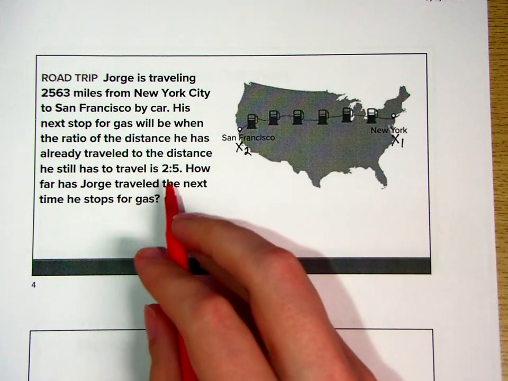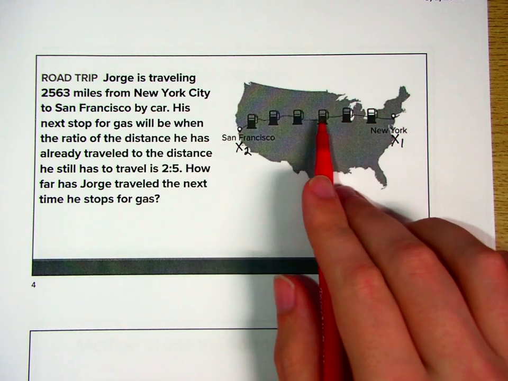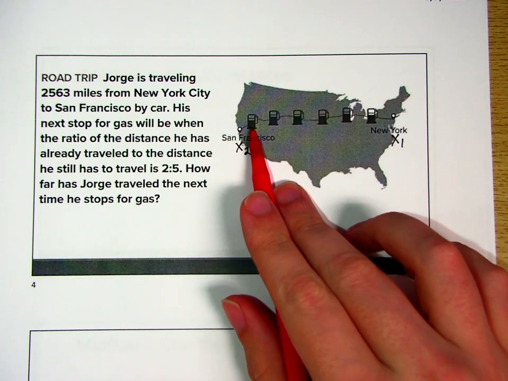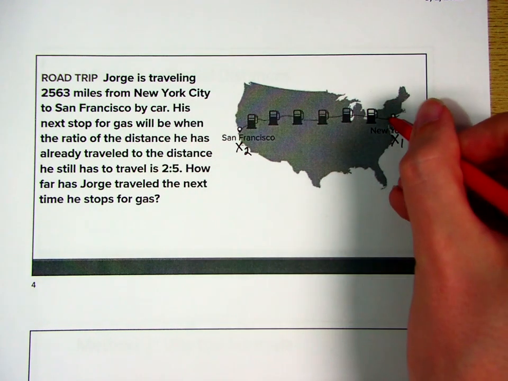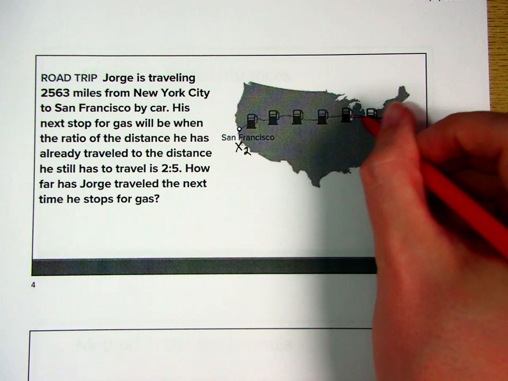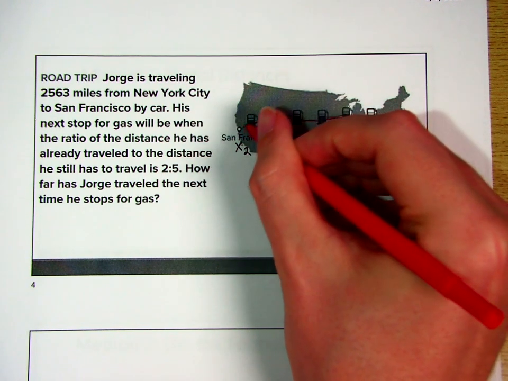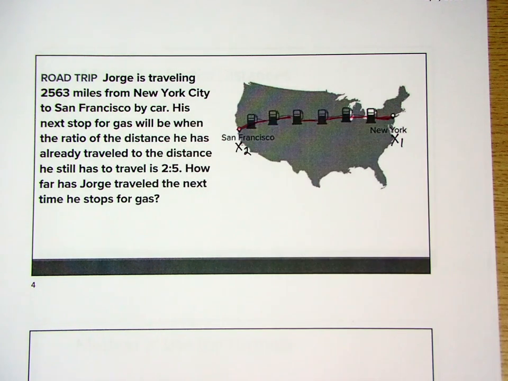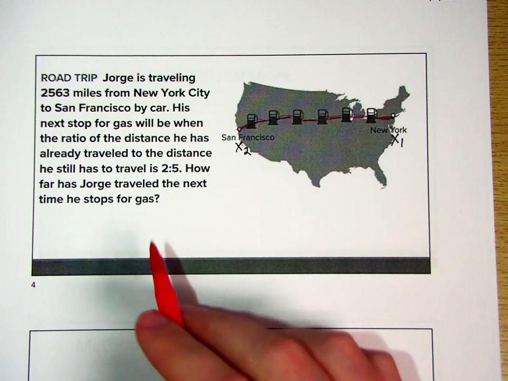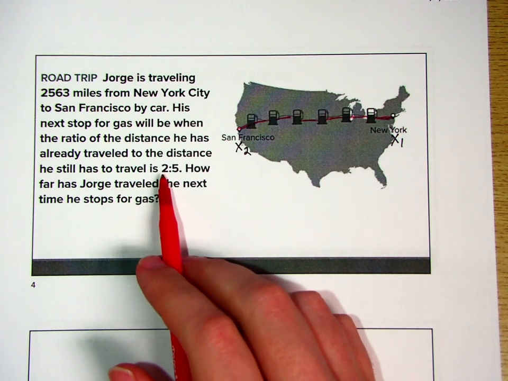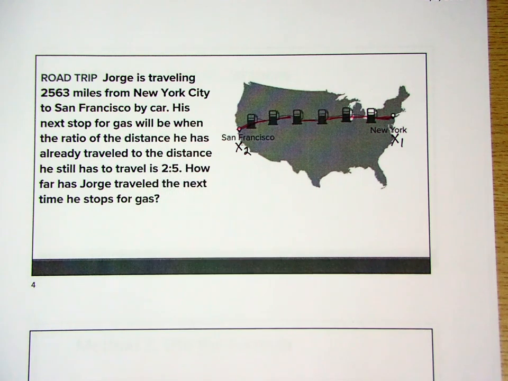We can see going from New York to San Francisco, there are 6 gas stations, but there are 7 line segments. There's 1, 2, 3, 4, 5, 6, 7 times he's going to have to start and drive the car. We want to know where he's going to stop, so he's traveled basically 2 of those parts and has 5 remaining.